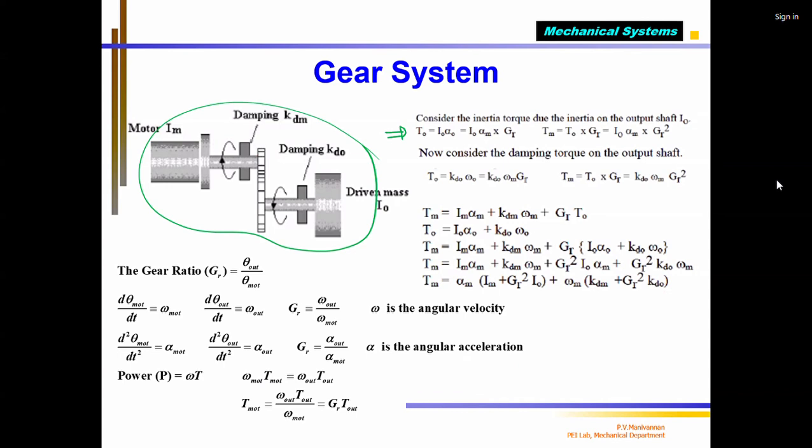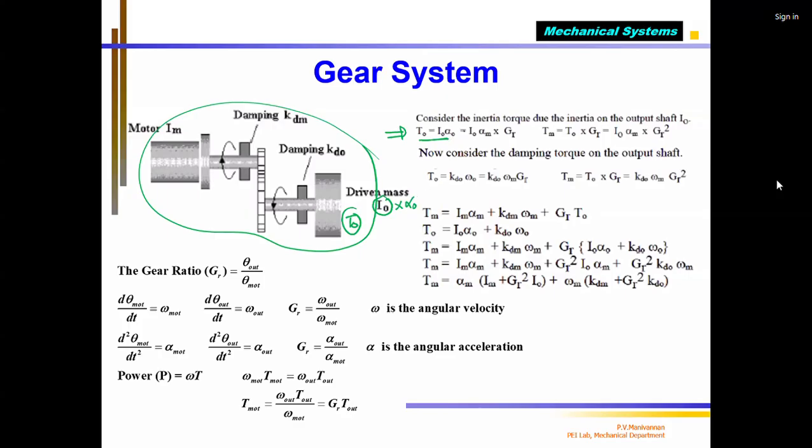Now here we are trying to find this one. We know T naught is the torque of the output. Load torque equals the load moment of inertia multiplied by angular acceleration, where alpha is angular acceleration.